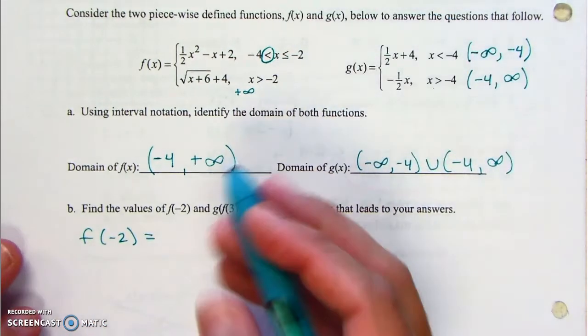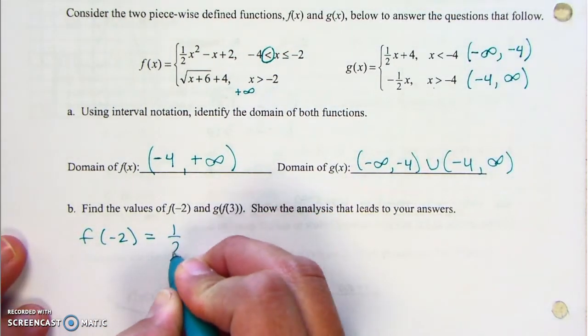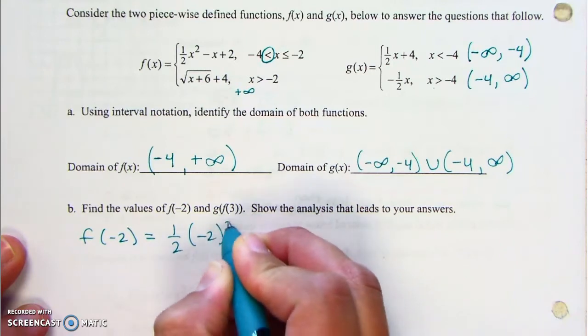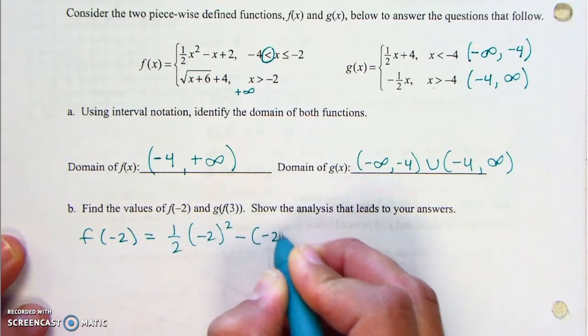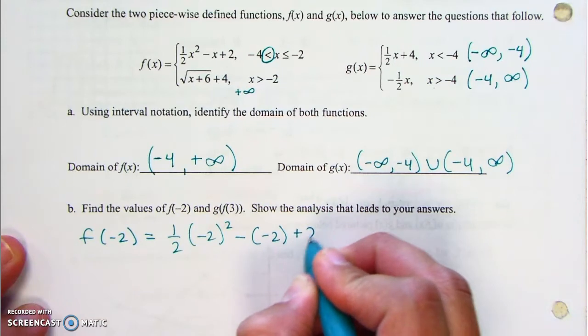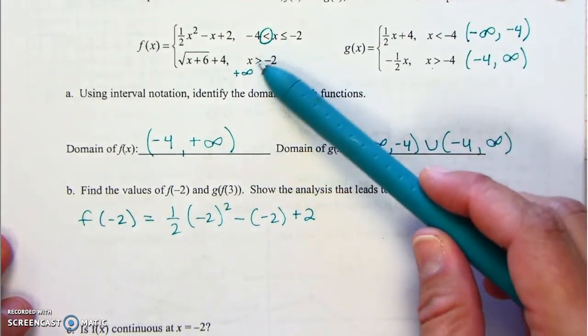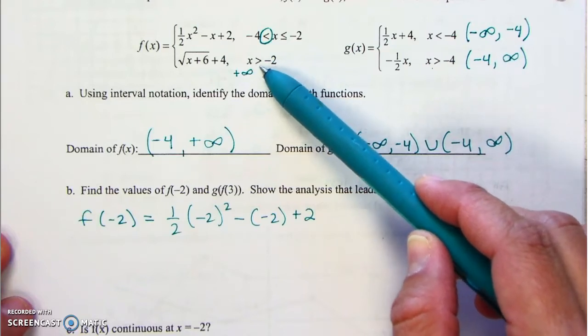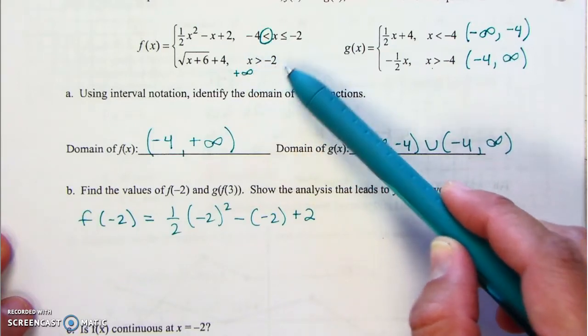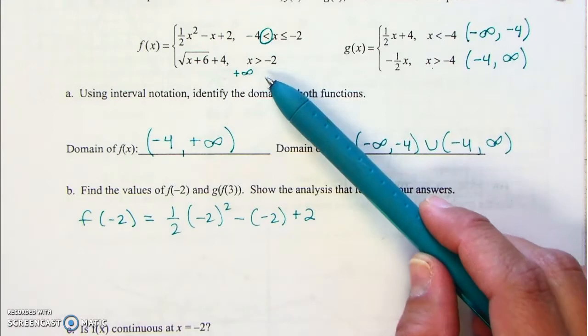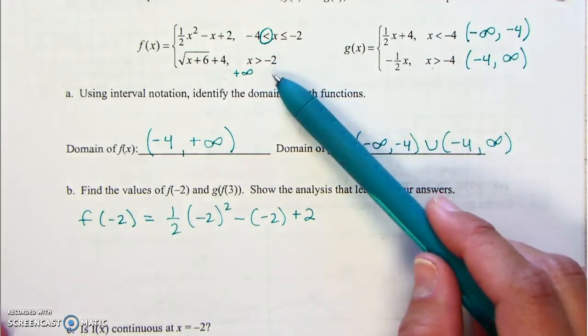So we're going to take -2 and plug it in for the x values. We can't plug it in the bottom because it's not defined there. That is for x greater than -2, like -1, 0, 1, 2, like that.